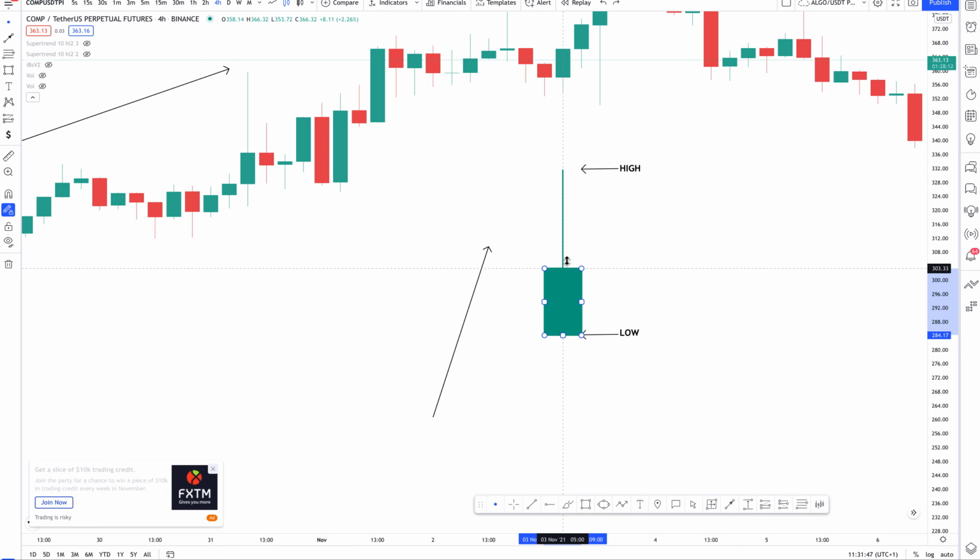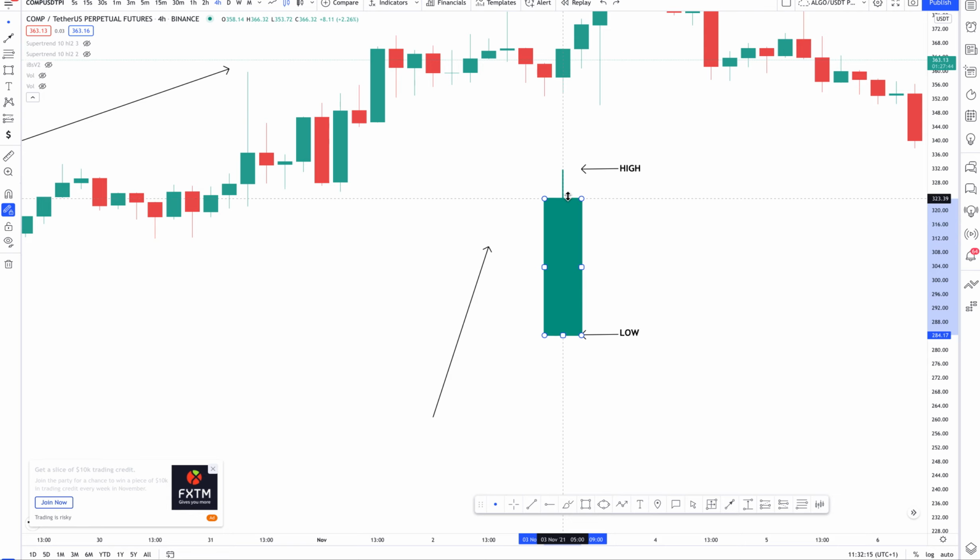Now, what you need to understand is that previously price got up here, but as price changed, remember, price is always changing. Let's say you're new in the space and do not have much understanding.